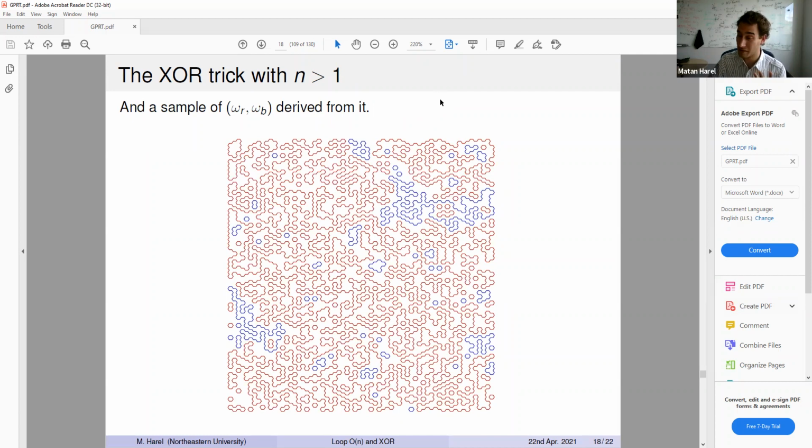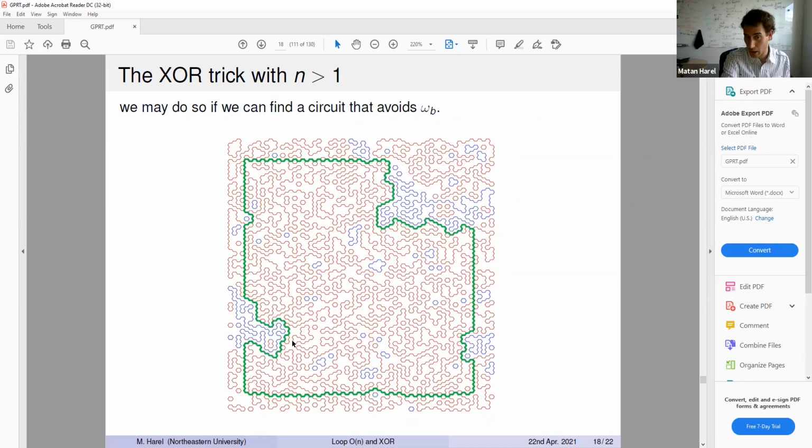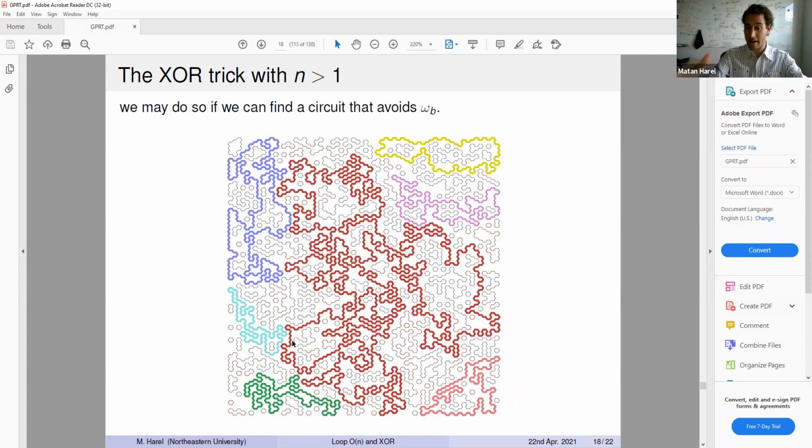But if I do the XOR trick, I want to take, let's say, this boundary loop and XOR with it. But I'm not allowed to, because I'm only allowed to XOR with loops that avoid all the blue. So I crawl along the boundary and move around to make sure I can find a large enough green loop that avoids the blue loops, do the XOR operation on it, and then I get these very large loops.